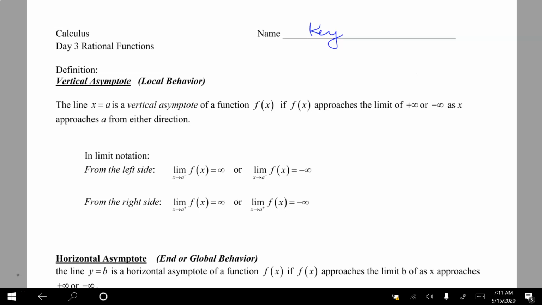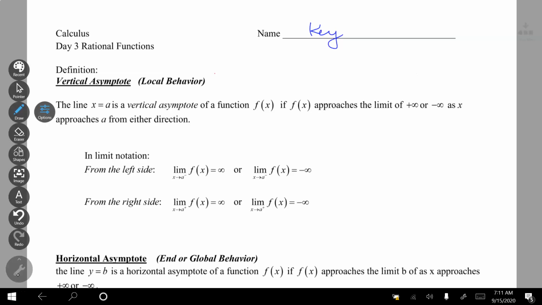So we have already talked about vertical asymptotes. It's looking at how things approach something up close in local behavior. To me, it is a brick wall. You cannot cross, and I call them VAs.